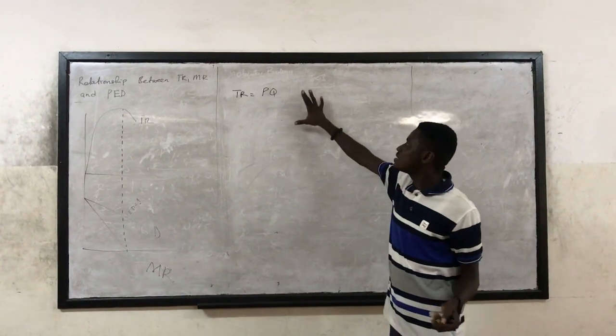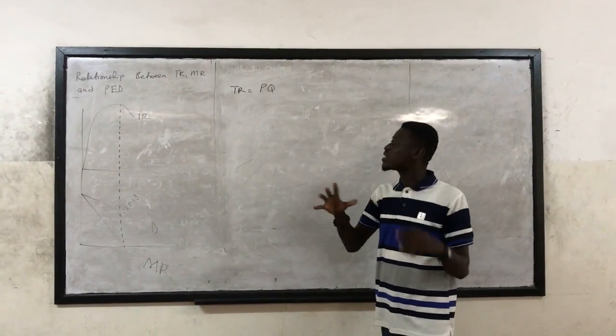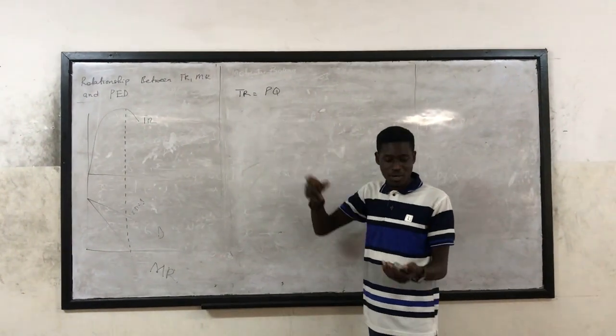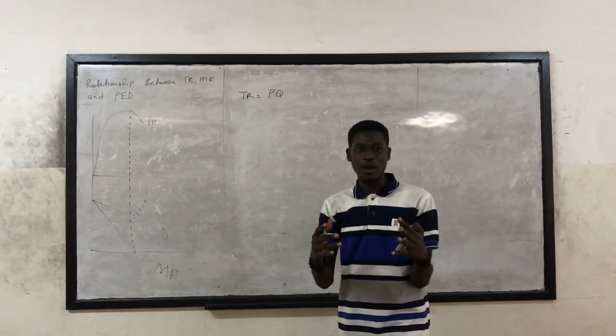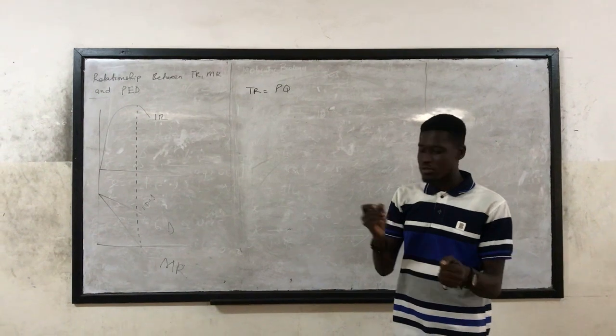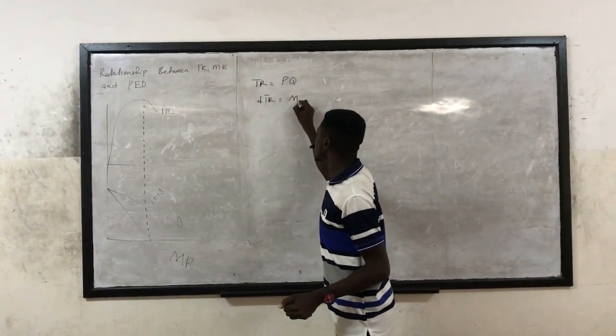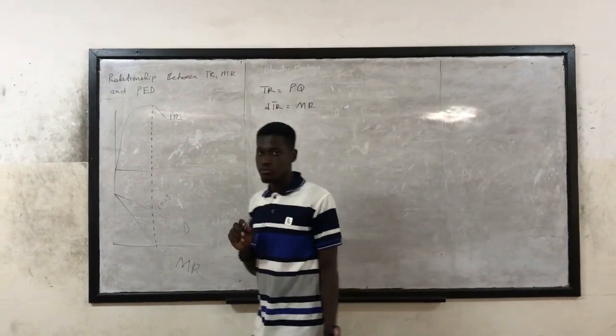So we can express this in a mathematical form, such that given total revenue to be equal to price times quantity, when we differentiate the total revenue, we can get the marginal revenue, so that the differential of total revenue is equal to what? Marginal revenue. Right?